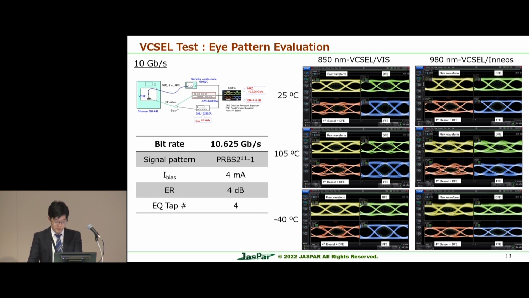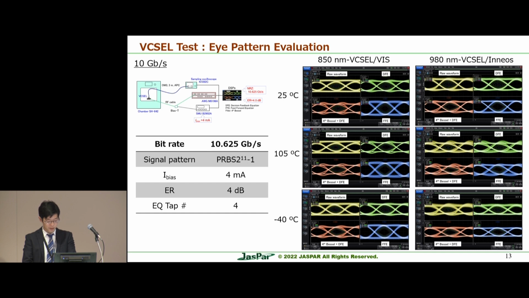The waveforms are shown in yellow as obtained by the photodetector, green after DFE processing, red after applying a fourth-order Bessel filter in addition to DFE, and blue after FFE processing.